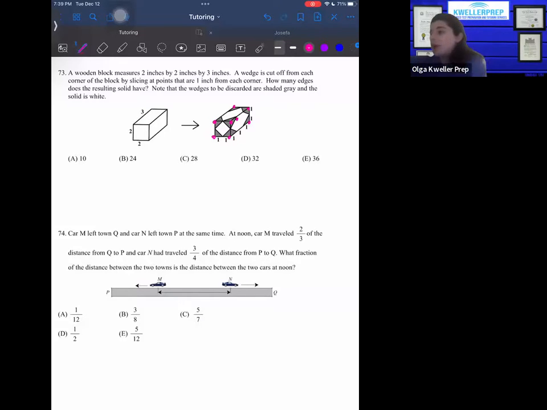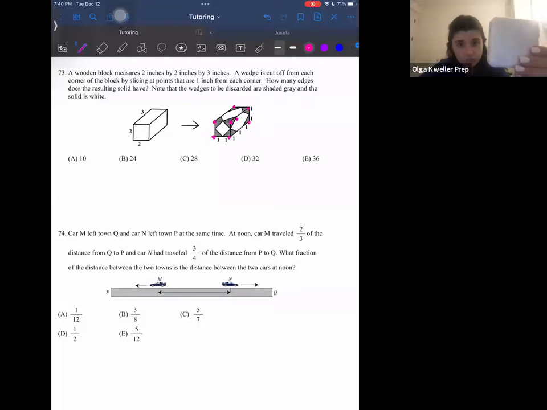So let me see if I have a solid for you guys. So here's my little block, right? You guys can see that. It's like a rectangular prism. So sorry, hold on. Okay, so you guys can now see it, right?